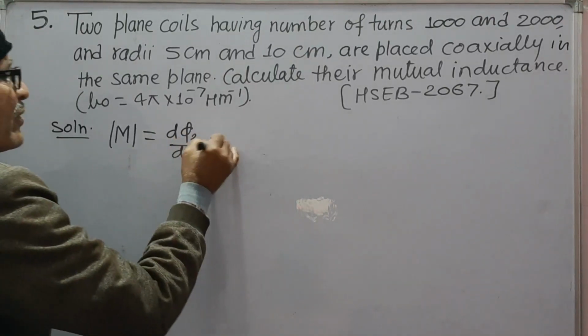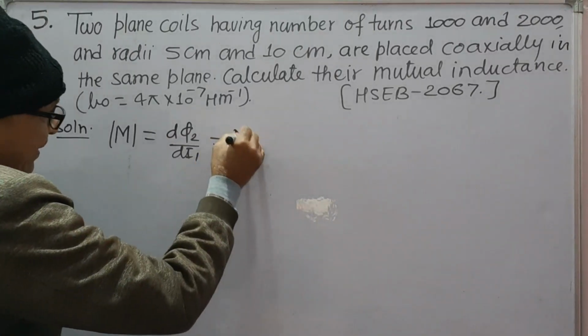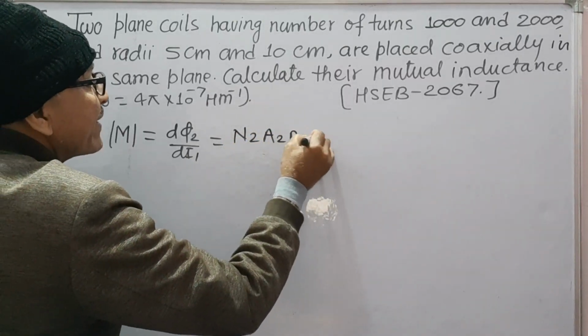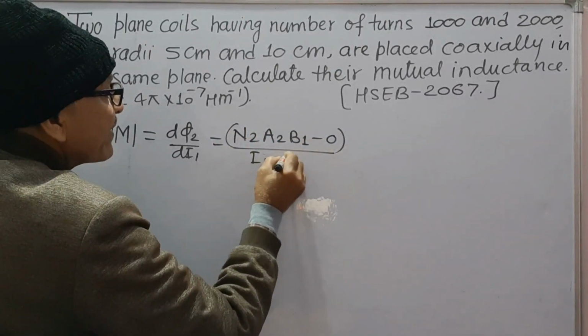So, this is N2A2B1 minus 0 upon I1 minus 0.